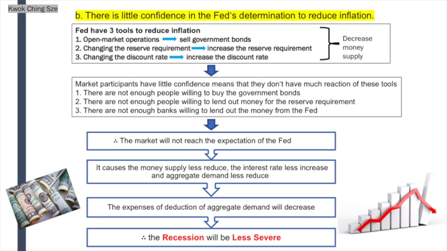The market will not believe the Fed's announcement. Then the money supply is reduced less, the interest rate increases less, and aggregate demand is reduced less. Therefore, the extent of the reduction of aggregate demand will be smaller. Finally, the recession will be less severe.